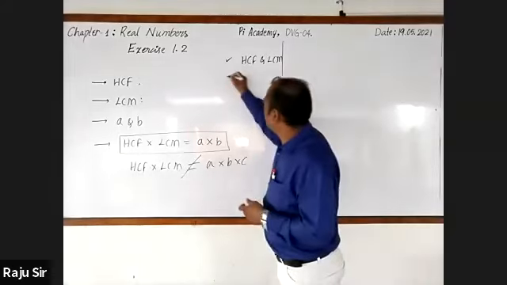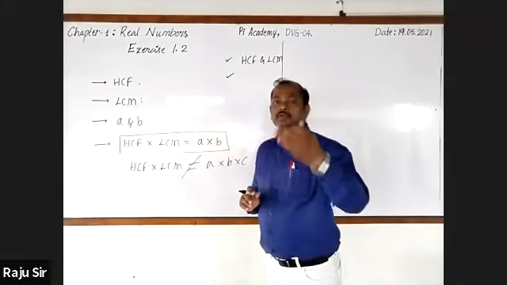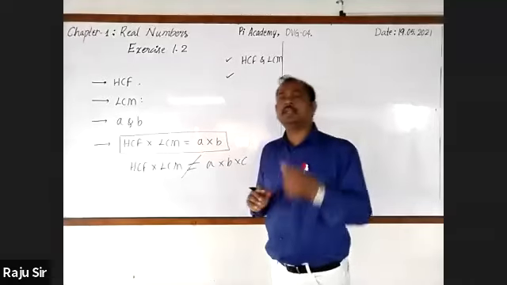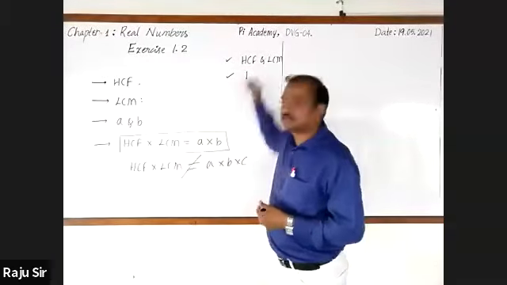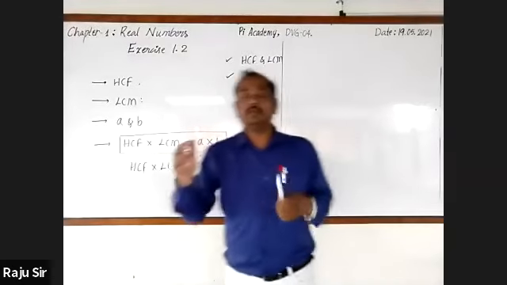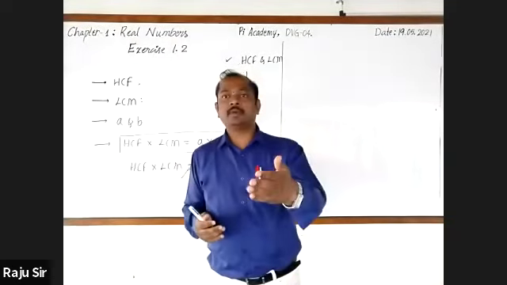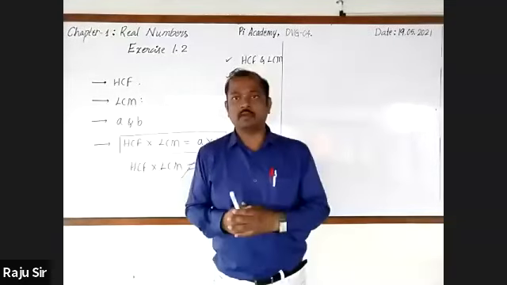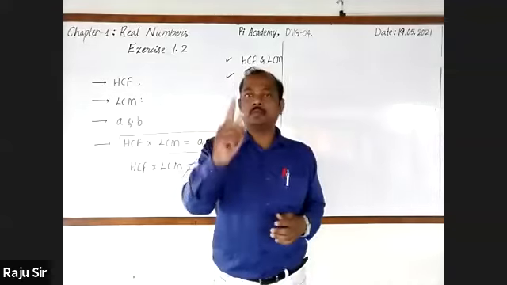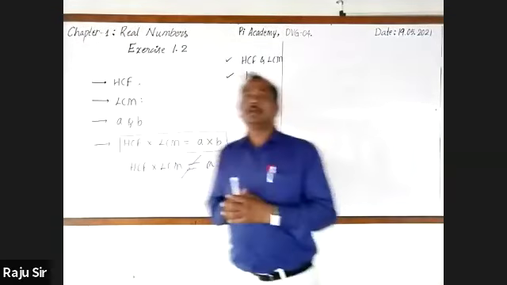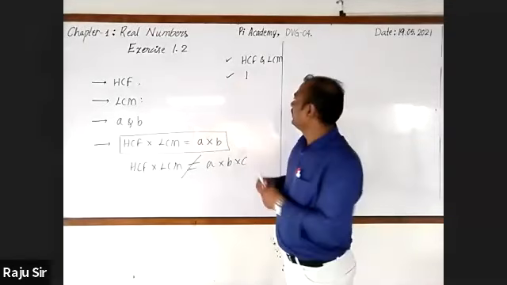Next, another important point is that the HCF of any two co-primes is always 1. We have defined co-primes as a pair of numbers whose HCF is 1, or a pair of numbers having the common factor 1 only. So the HCF of co-primes is 1.